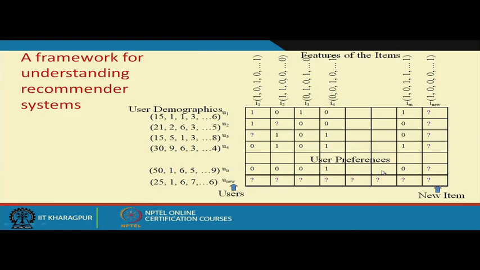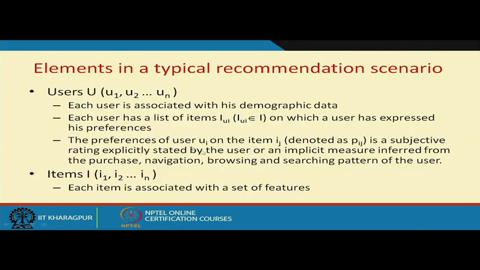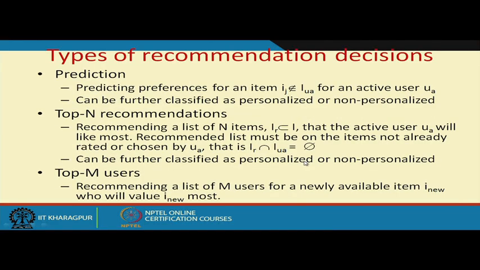So, this is the user preference matrix, users and items. This is the preference of each user on a specific item.